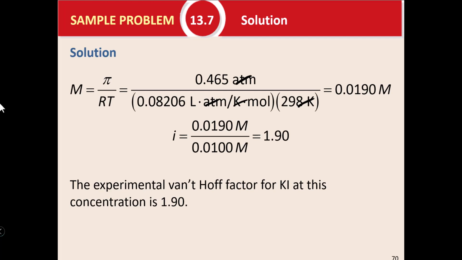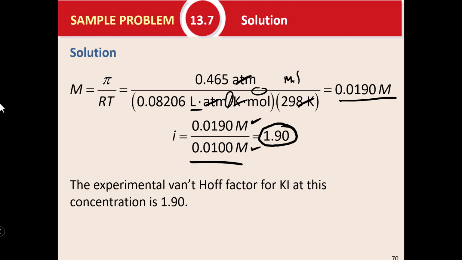This moles is in the quotient of a quotient, so that's the same thing as being up here in the numerator. Then you take that and divide it, and you've got liters here. So that's the molarity of the concentration of the solution of the ions. Then you divide it by the original concentration of the formula unit, and you get 1.90. So it's almost 2.